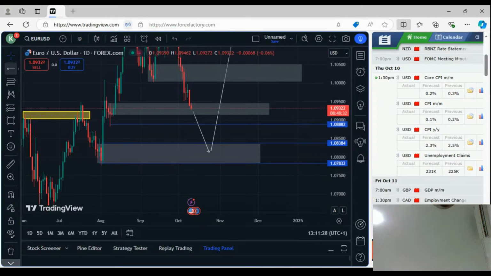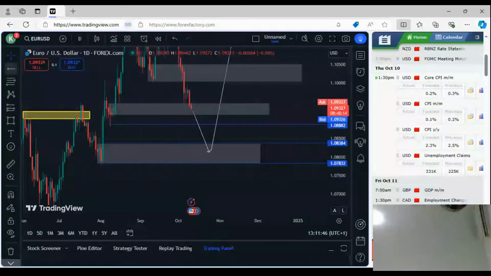I repeat, EUR/USD buy limit again at 1.08384.